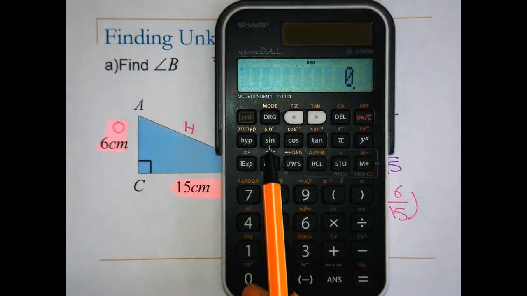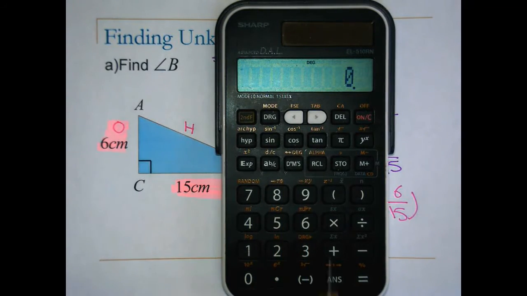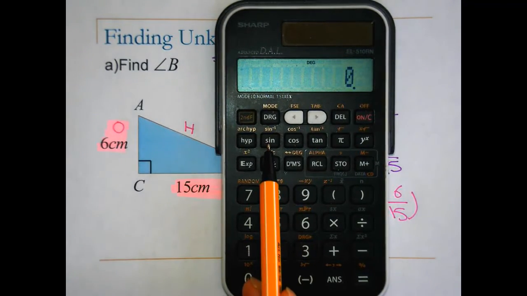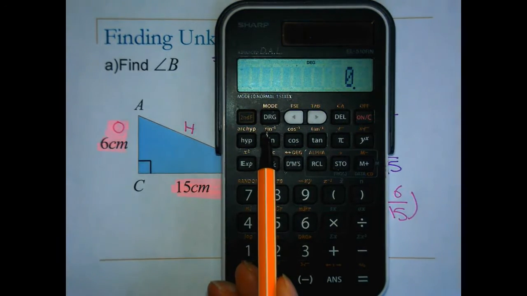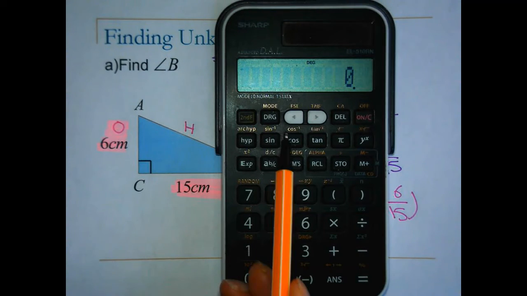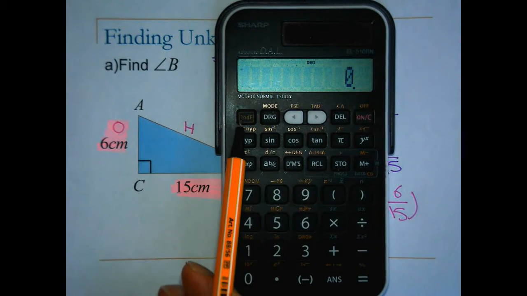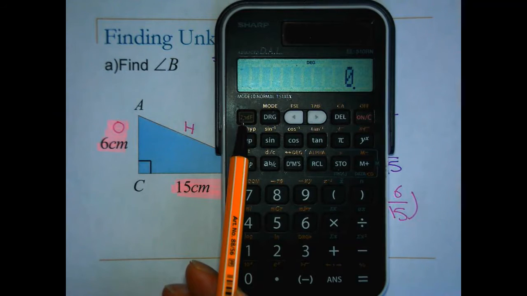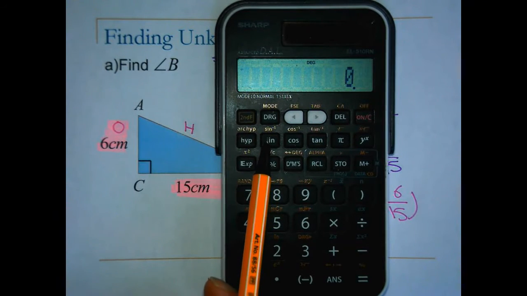You see how we have sine, cosine, and tan that we used when we did questions before where the angle was known. Now that we are trying to find the angles, we have to use these ones here, the inverse ones. In my calculator, I have to press the second function and then press this.